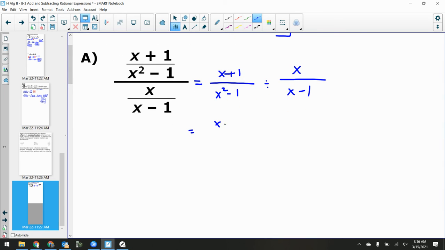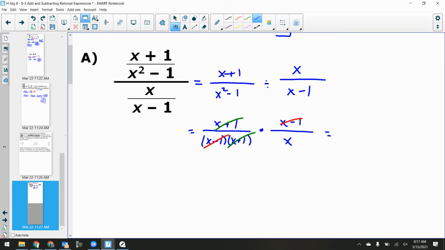So that would be x plus 1 over x minus 1, x plus 1. Keep, change, flip. And now we can act really smart and cross a bunch of things out. Minus 1, plus 1, plus 1. What's this going to equal?